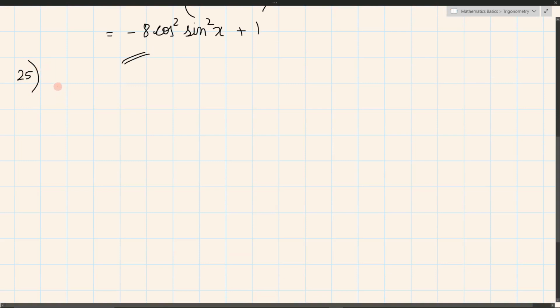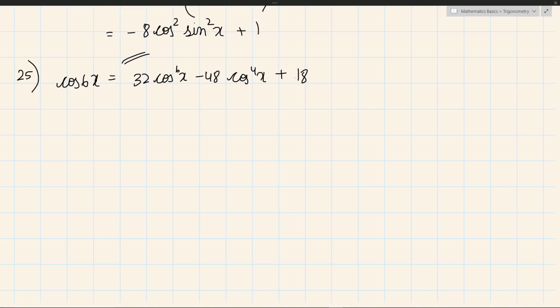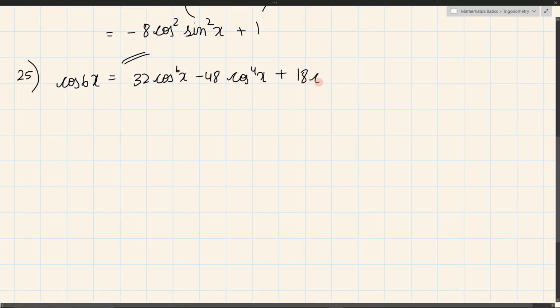So question number 25. Cos 6x is equal to 32 cos to the power 6x minus 48 cos to the power 4x plus 18 cos square x minus 1.